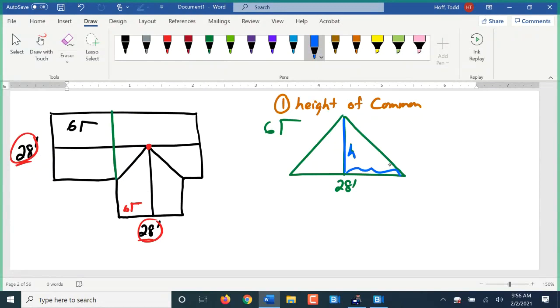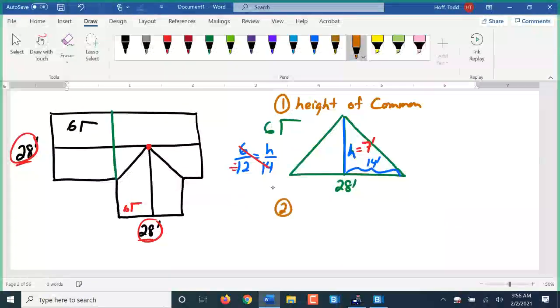We've got a run here of 14 feet. Our 6/12 slope, 6 over 12 equals h over 14. When we cross multiply and divide, 6 times 14 divided by 12, we get a height here of 7 feet.